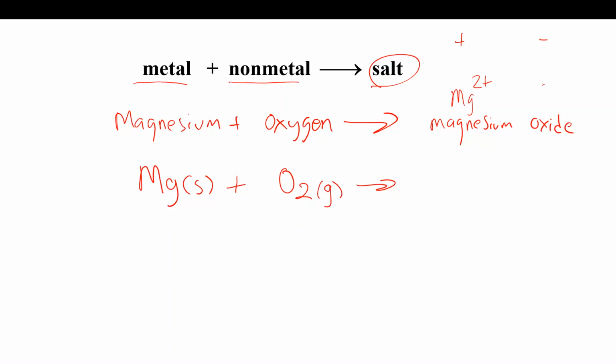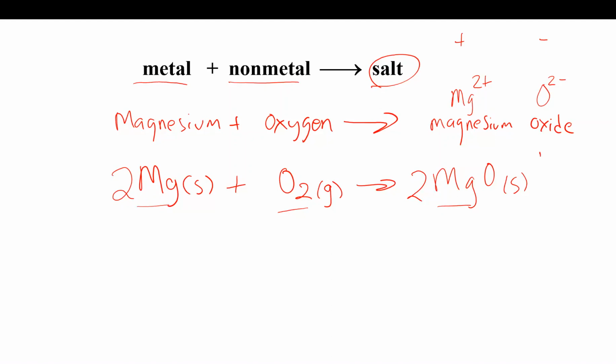Oxygen, group 6A or 16, is a 2 minus. So it's a 1 to 1 ratio. And that's a solid. So with balancing, 1 magnesium, 2 oxygen, if we look at the O2, and there's only 1 in magnesium oxide, so we have to put a 2, go back, change the coefficient in front of the magnesium to make sure it's balanced. Everything looks good, and there you have it.